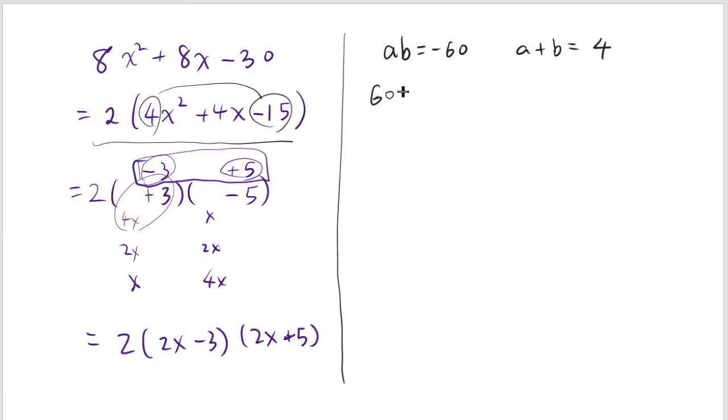I want to break this up into two products and make their difference equal to 4. That's the problem, okay? I want to make two numbers, so 60 times 1. The difference is 59, right? And then it's also 30 times 20, and the difference is 10.